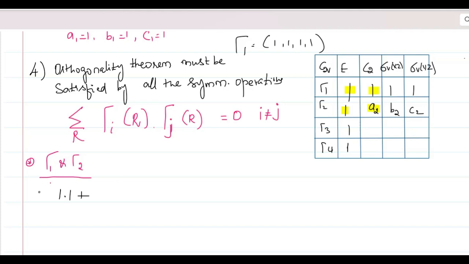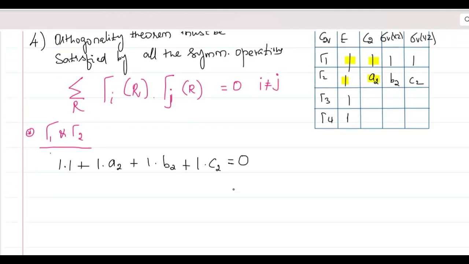That will be 1 into A2 plus 1 into B2 plus 1 into C2, and it is obeying the orthogonality theorem, so it should be 0. The integral should be 0.